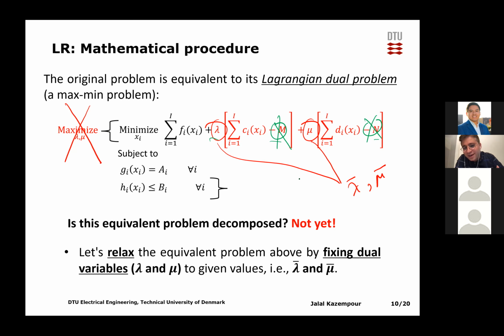But remember, they correspond to complicating constraints. So instead of saying that I'm fixing the dual variable, I'm saying I'm relaxing the primal constraint. This is why I call it relaxation, and this term, Lagrangian relaxation, comes from here.